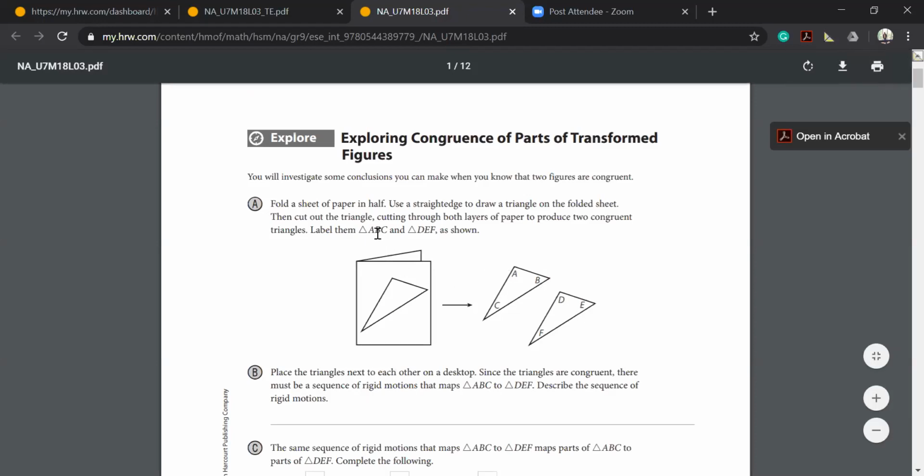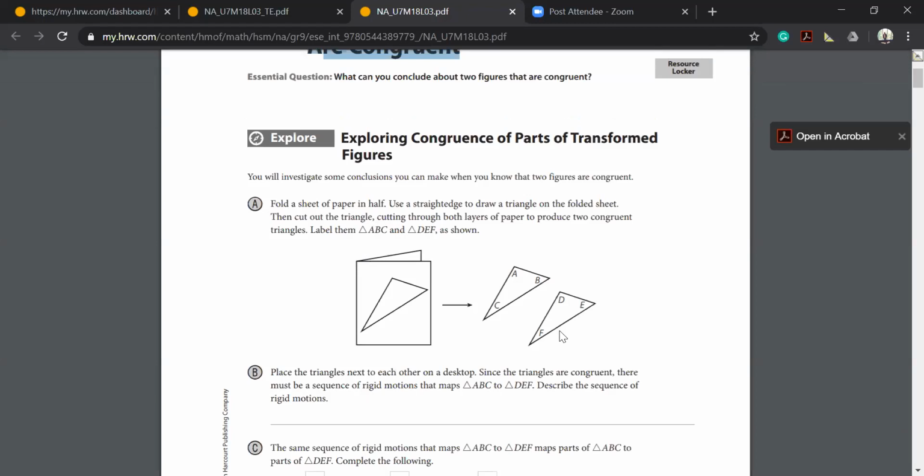I mean ABC, DEF. Didn't we say that A is the same as D, B is the same as E, C is the same as F? This is what corresponding means. So triangle ABC and triangle DEF.